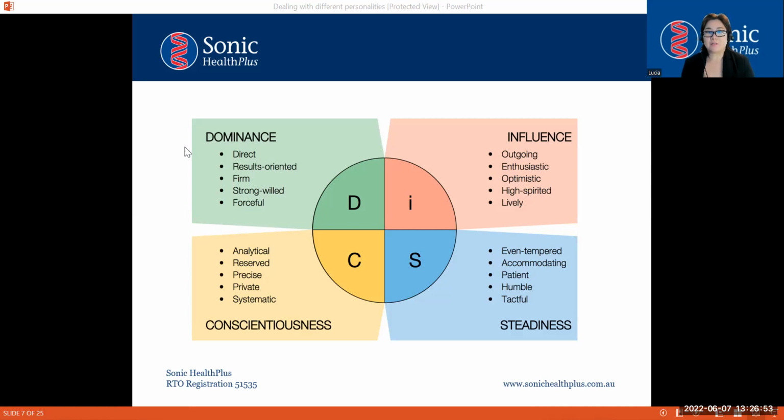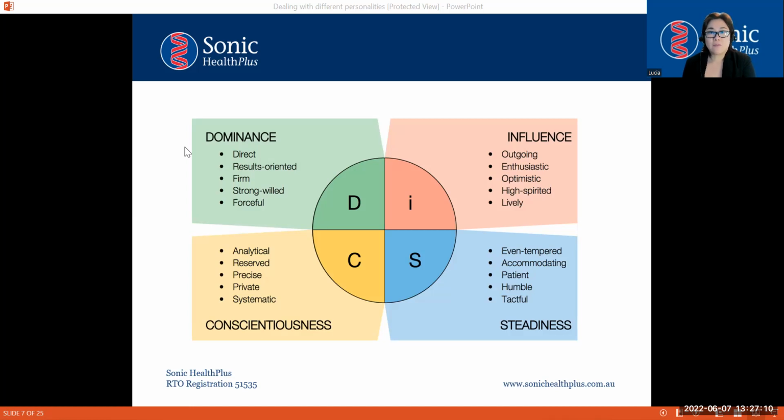The dominant personality type could appear quite direct in their language, in their communication. They're not the fluffy type when it comes to the choice of words and the approach.